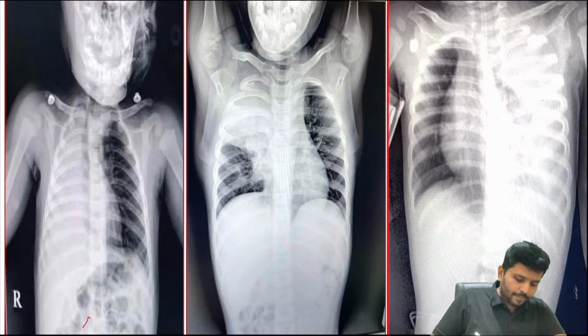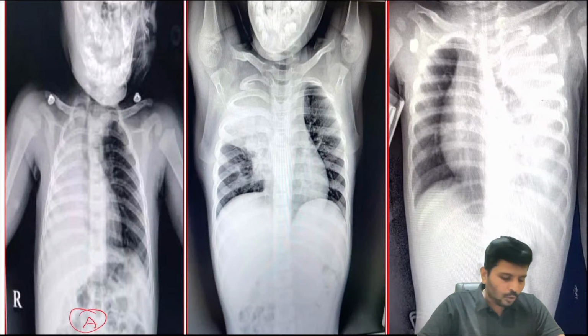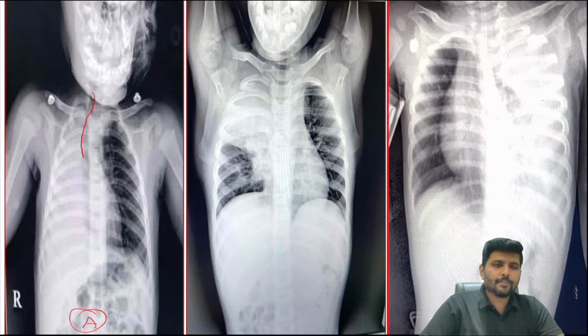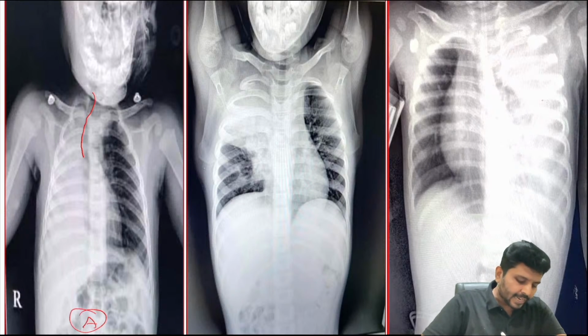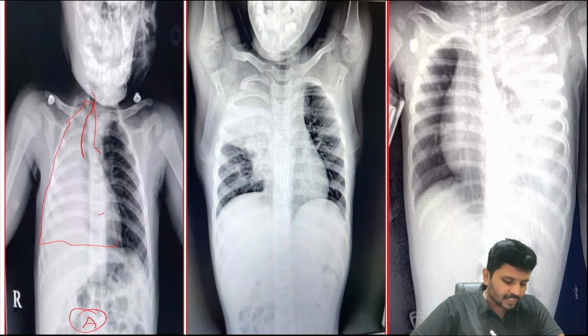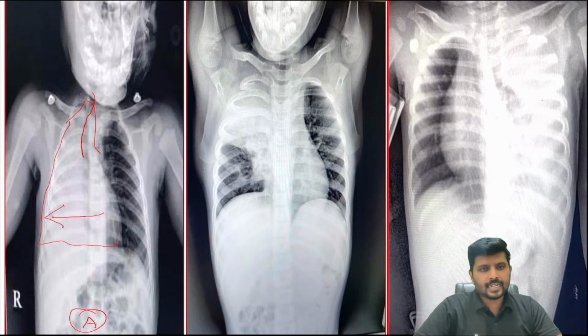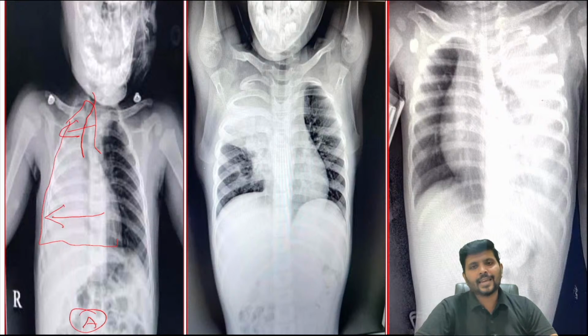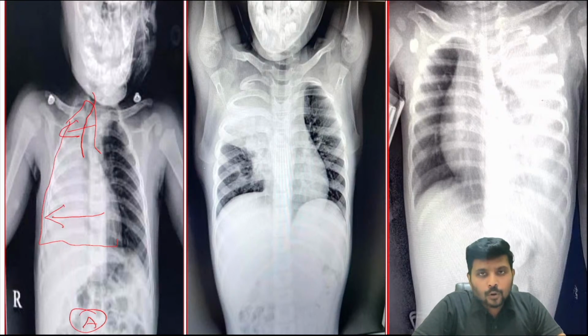What is A? In A, look at this, the trachea is shifted to the same side where the opaque hemithorax is. Look at this, the entire lung undergoes opacity because all alveolar air went out, leading to collapse of the lung. As a result, the heart is pulled to the side of the opacity and the trachea is shifted too. When the trachea alone is pulled to the same side, it means upper lobe collapse.